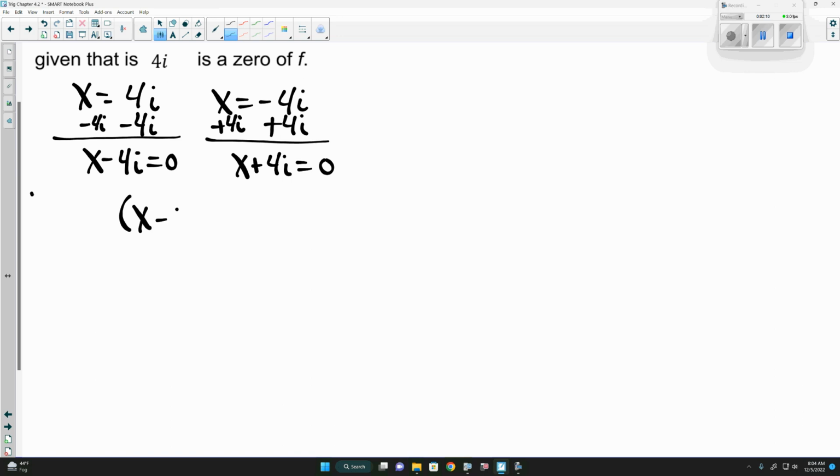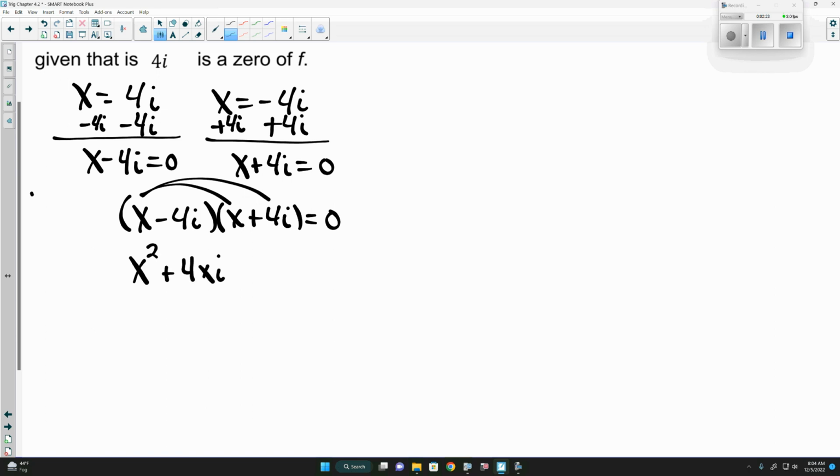Now we would multiply these together to give us x squared plus 4xi minus 4xi minus 16i squared is equal to 0.